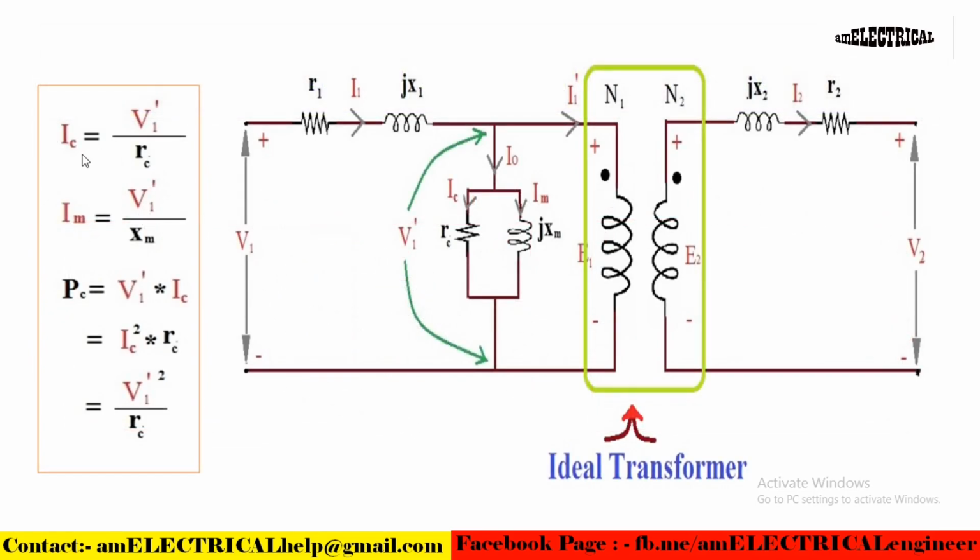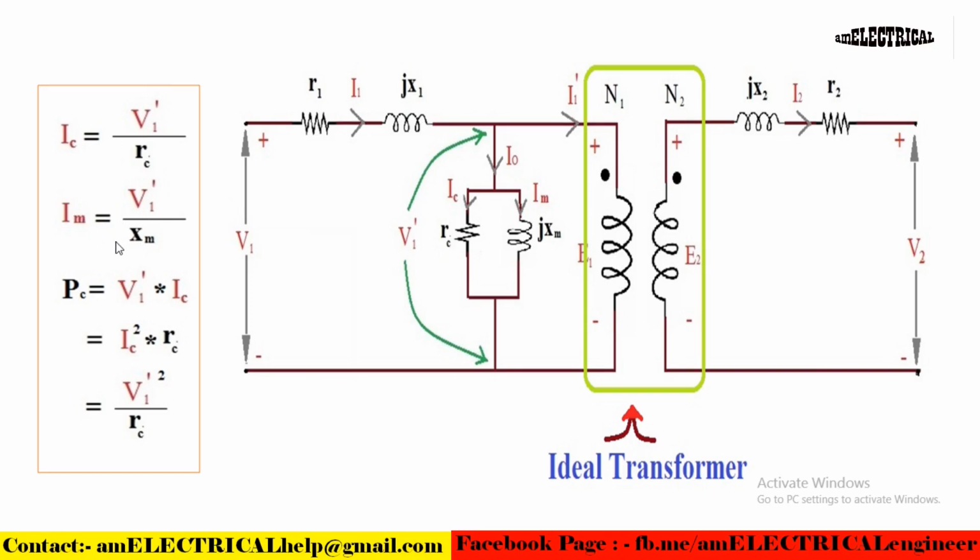In other words, RC will be equal to V1 dash divided by IC, and XM equal to V1 dash divided by IM.